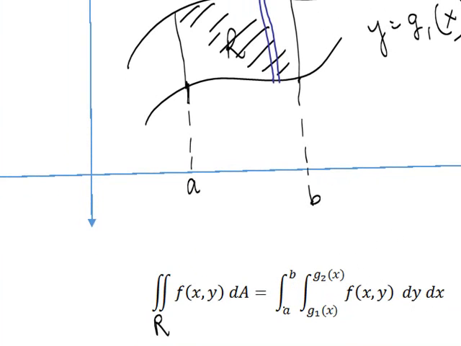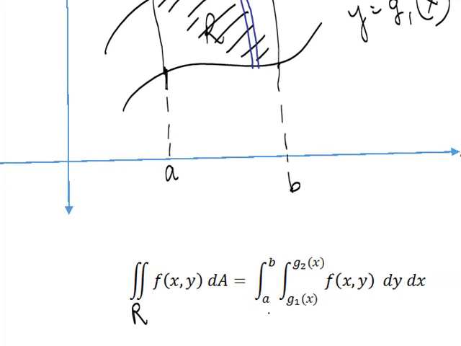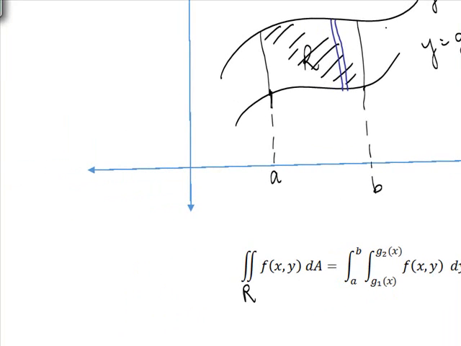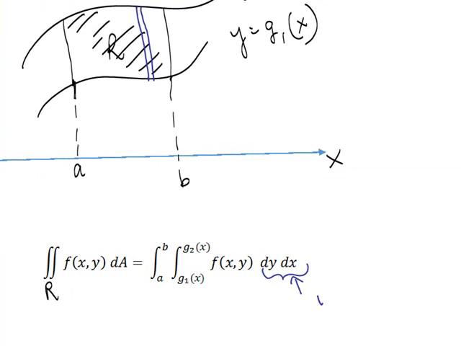And look at the limits. a to b would be the x limits, so that is why dx is on the outside. g1 of x to g2 of x are the limits for the y, and if you notice, they are the curves. For vertically simple, you move from bottom to up. These are the limits, the lower curve and the upper curve. So let me make a little note here: when you see dy dx, this means it is vertically simple that you have chosen.